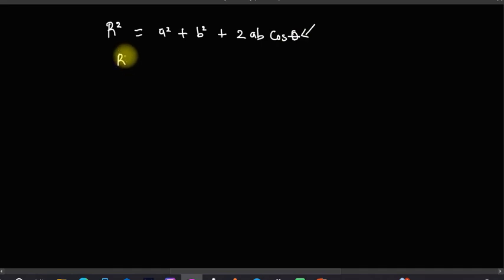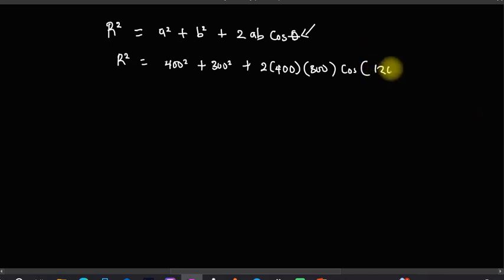So let's go. We have R squared equals, a squared is our 400 kilometers squared plus 300 kilometers squared plus 2 times 400 times 300 cos. Okay, so instead of using the new angle which we put there, 120 degrees, let's even use the 90 instead to see if we are going to get the same answer.